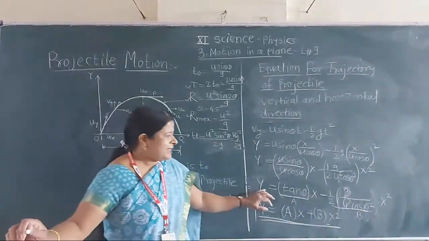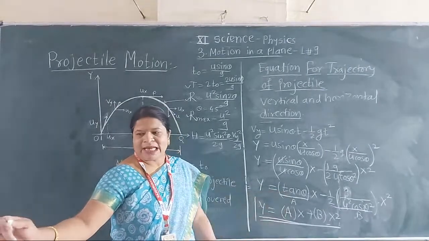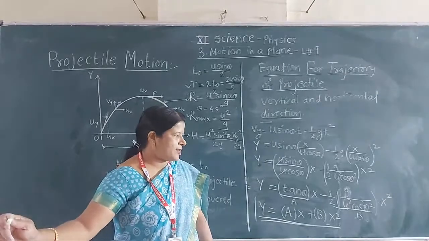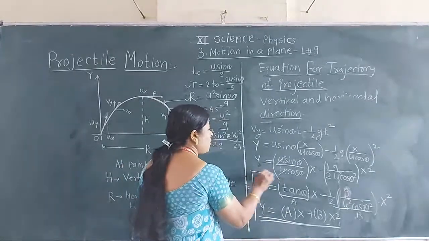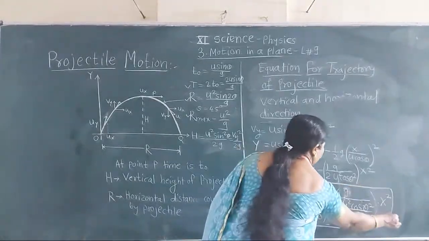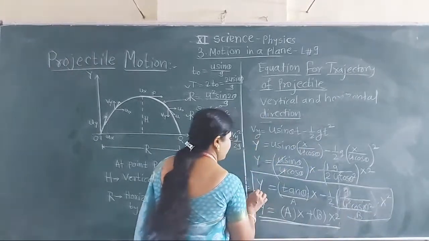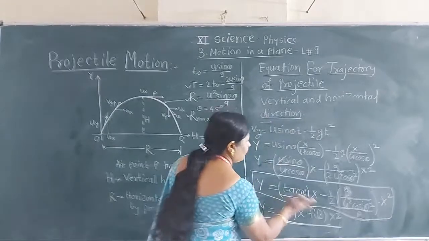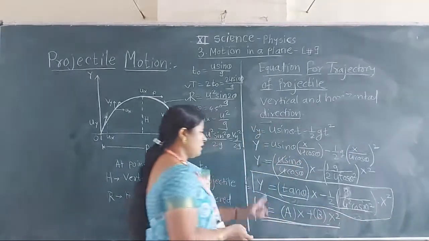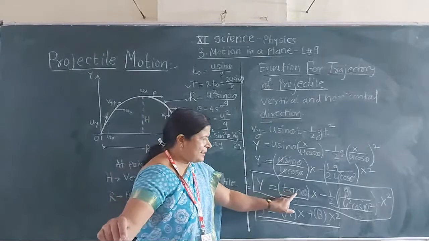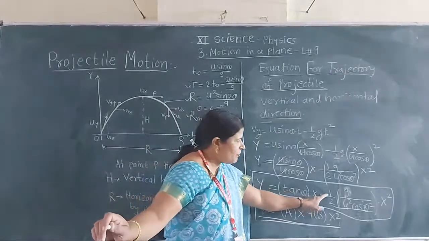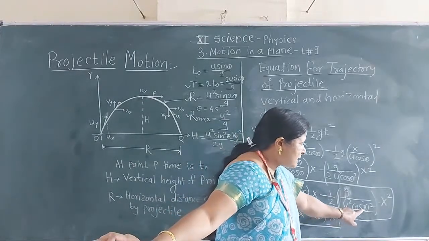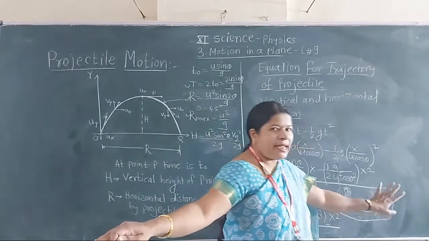Now this is the equation we get, which is the known equation y is equal to ax plus bx square. So y is equal to tan theta x minus 1/2 g divided by u square cos square theta x square.